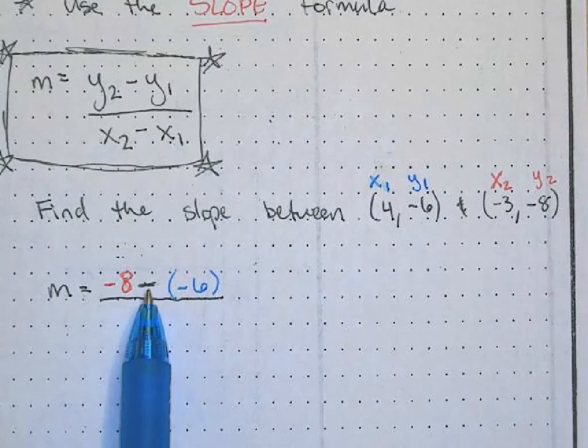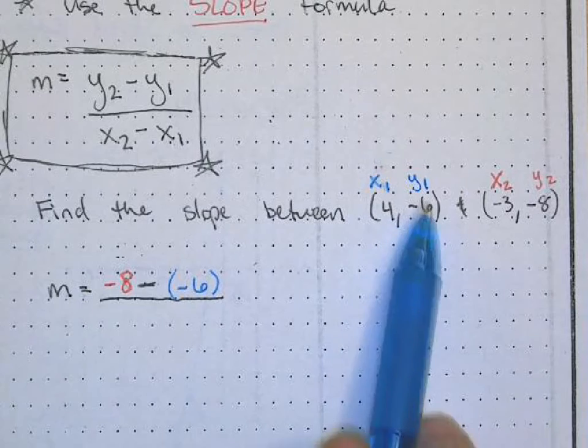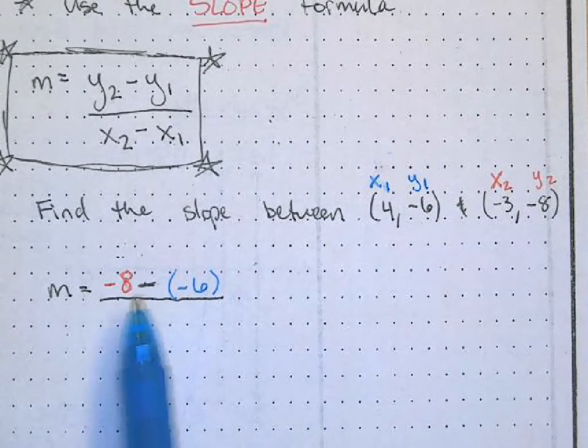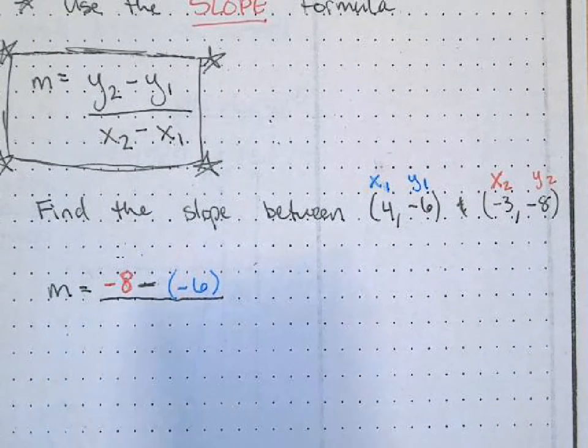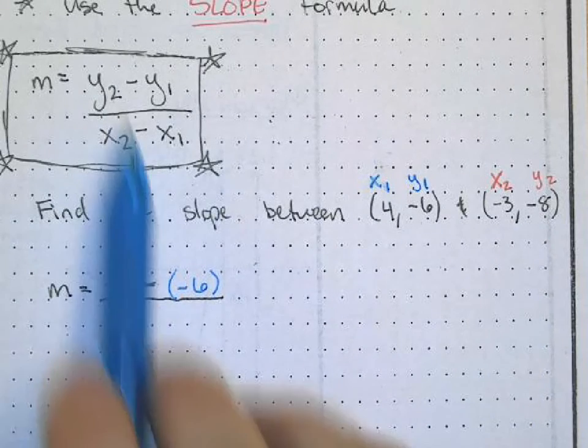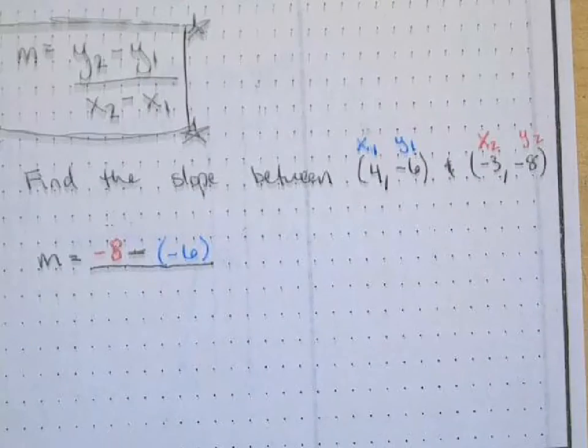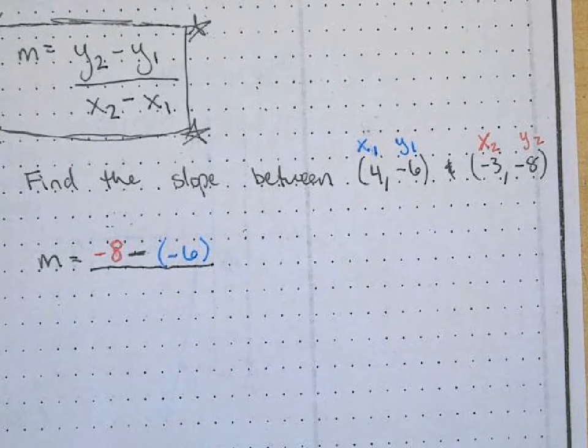Now, a lot of times this minus gets lost because we see this negative 6 and we just go, oh, negative 8 minus 6. But if this is a negative, I need to make sure I say negative 8, y2, minus, there's my minus, my y1, which is negative 6. Because then we have a minus and minus, that'll eventually turn into a plus.